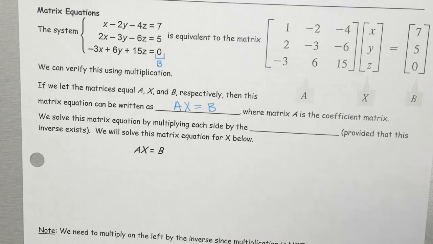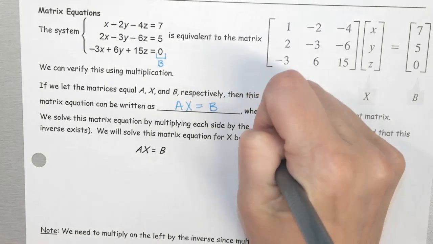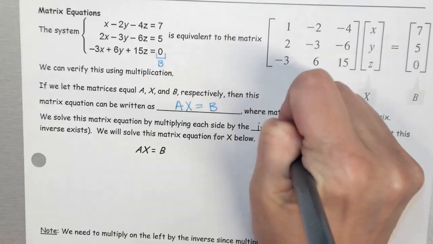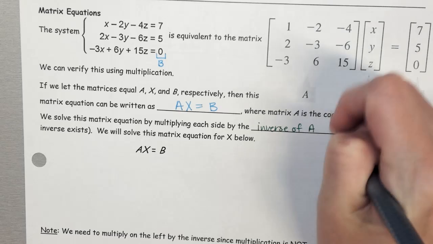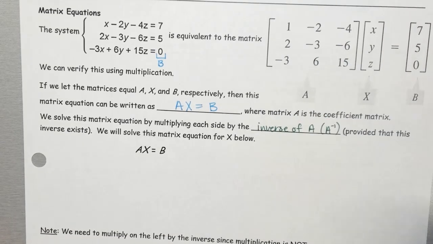And then what we can do is apply the inverse to either side. When we apply that inverse, we multiply both sides by the inverse of A, or you can write it like this, A inverse, and that's if the inverse exists.